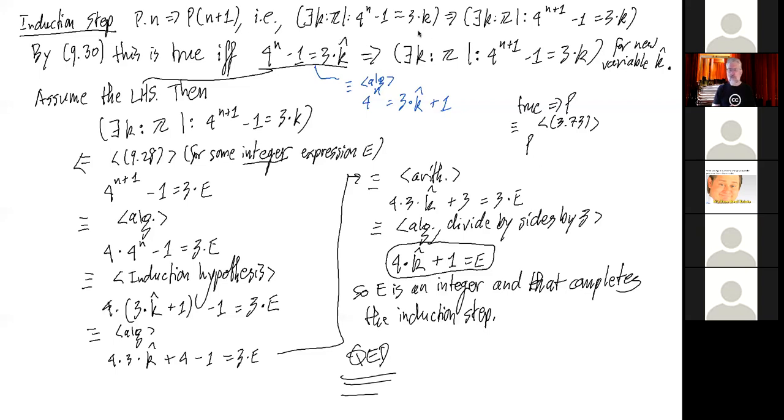So whenever the formalization of the problem is an exists, then we tend to get this whole weird structure. And that's true for the problems in the book: 2 to the 2n minus 1 is divisible by 3, 10 to the i minus 1 is divisible by 9, and x to the n minus y to the n is divisible by x minus y.